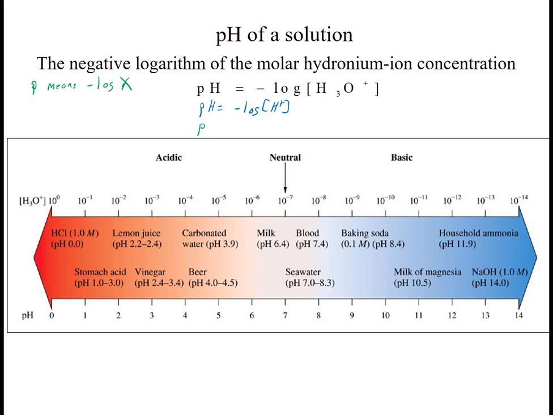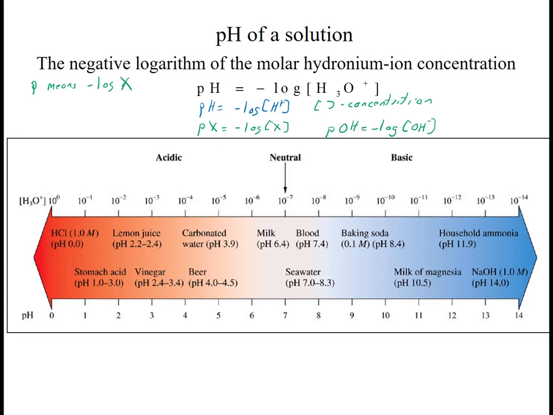Basically, px is the negative log of the concentration of x, and the brackets simply denote concentration. So what we're getting to is that pOH will be the negative log of the OH minus concentration. This formula is not given to you on the formula sheet for the test.